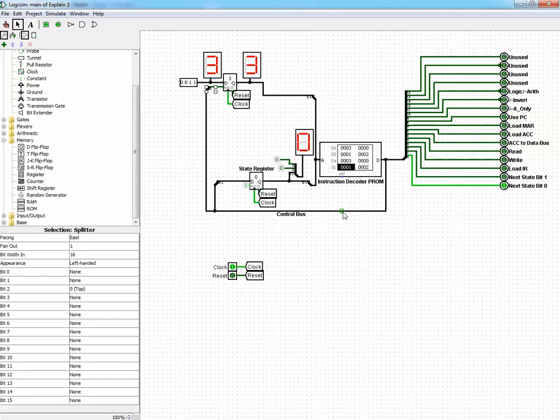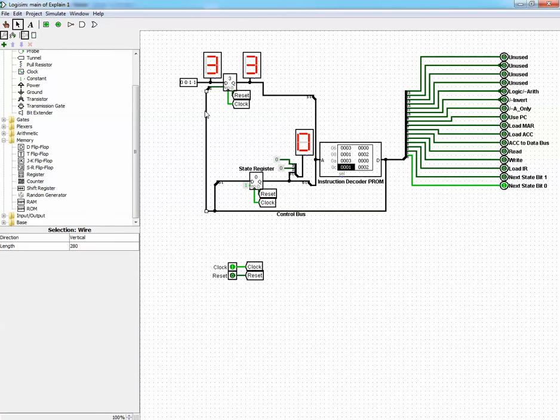So this is an input of 16 and has only one output, which is bit number 2, while the remaining are not used. Let's look at bit number 2 here. What does it correspond to? It corresponds to load IR. So load IR needs to be always 1 in order for us to use this activity.